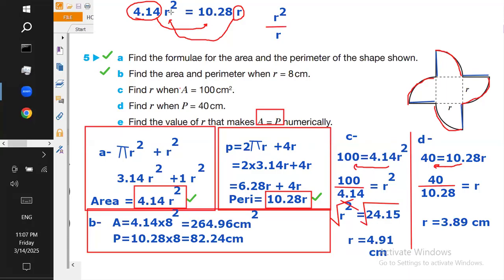And then here we have 10.28 over 4.14, like this, with a fraction line. So basically, I rearranged to make the r on one side and the numbers on the other side. So now I'm going to solve it here.